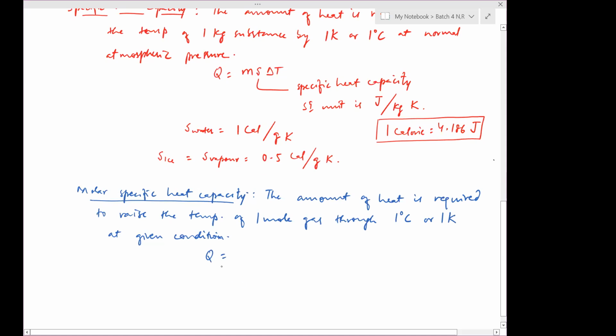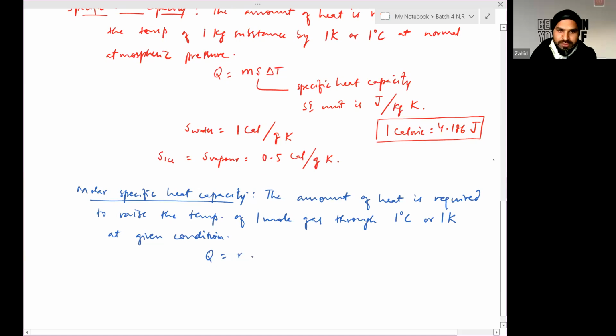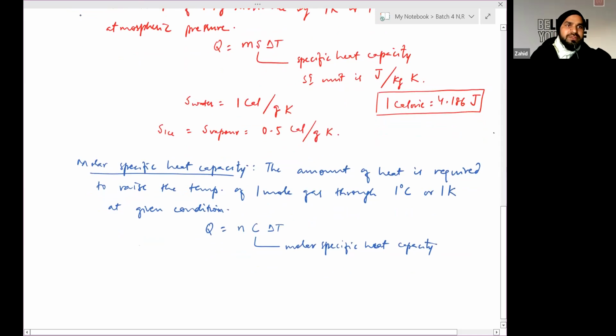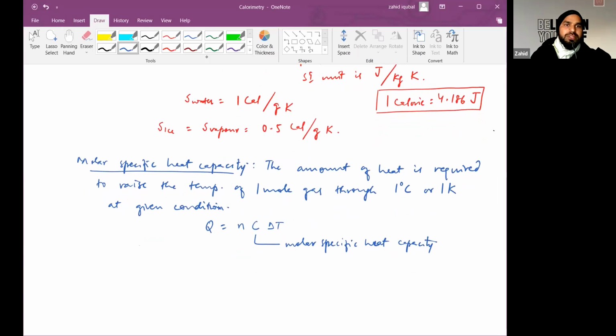Q equals the number of moles times molar specific heat C times the change in temperature. So this C is called molar specific heat capacity. So we have 3 different heat quantities to change the temperature of a given substance.